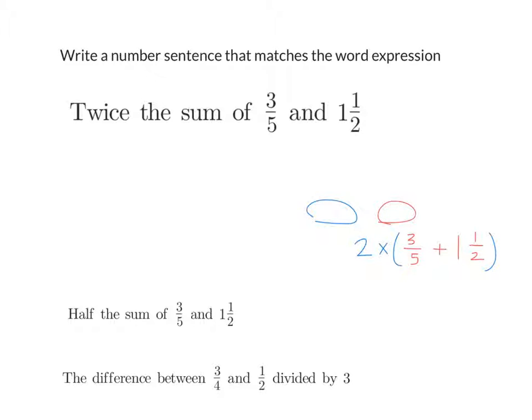Here is the sum of 3/5 plus 1 1/2. If that's the sum, what do I have to do to it? Double it. Make another copy of it. And I have to show again that this is 3/5 plus 1 1/2. So this is one way to draw a diagram that shows twice the sum of 3/5 and 1 1/2. Make sense? Good. We've done work like this before.